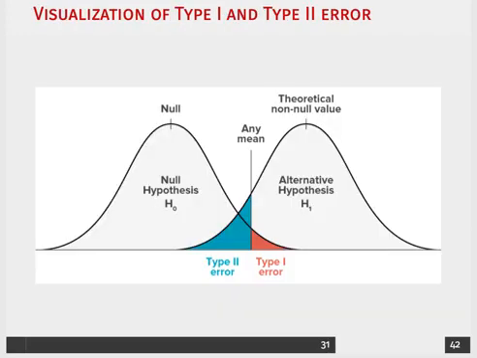And I think this visualization kind of helps to drive the way in which we connect hypothesis testing and the different types of errors. So you can imagine we have any different sample mean, it doesn't really matter.